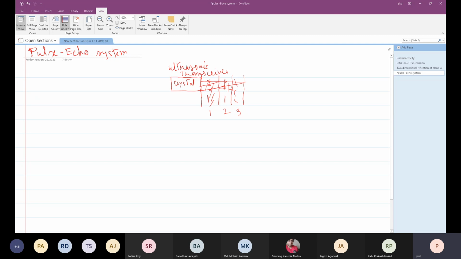So there would be multiple reflections coming from the various interfaces: the interface of medium 1 and 2, medium 2 and 3, and medium 3 and the outside medium, which could be air also.